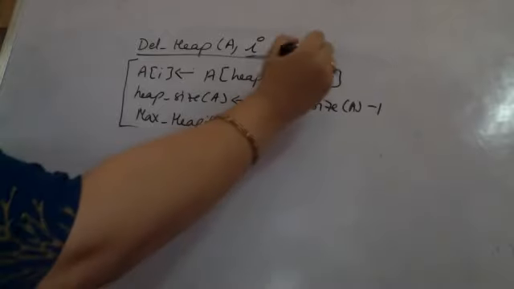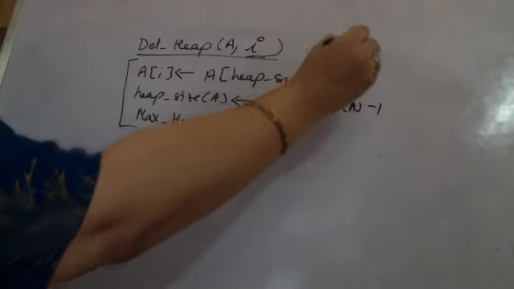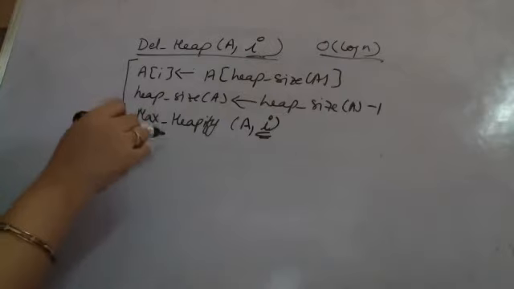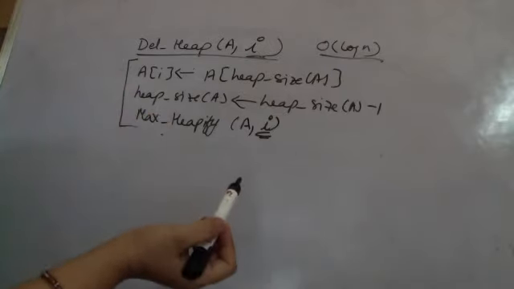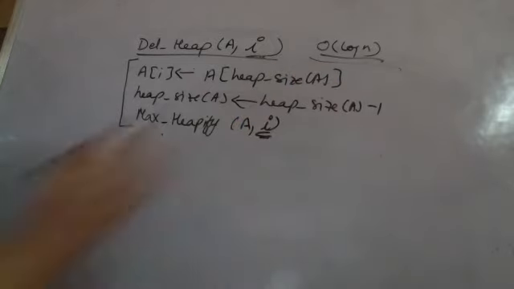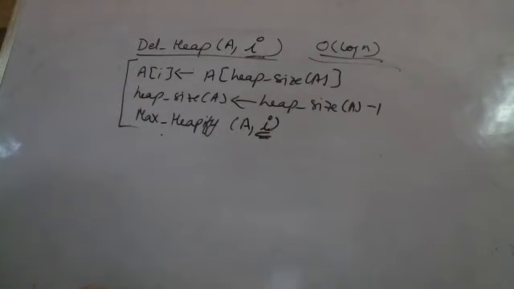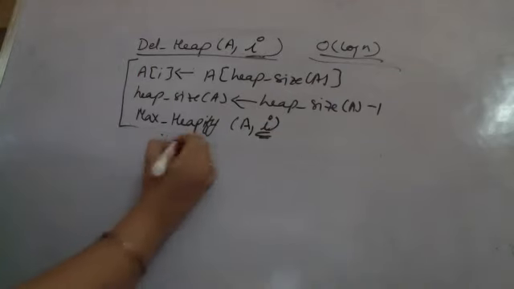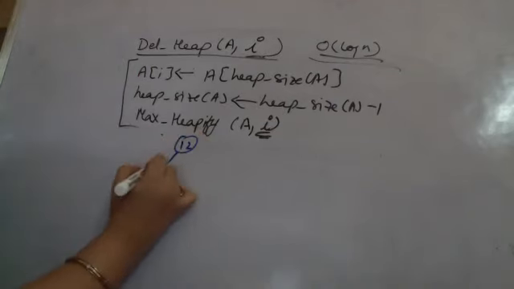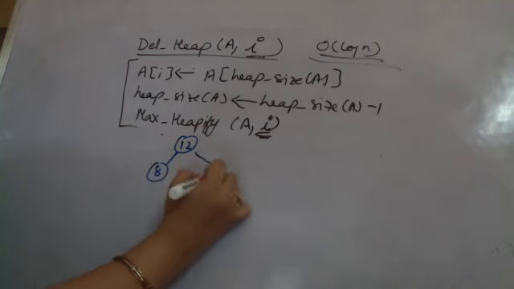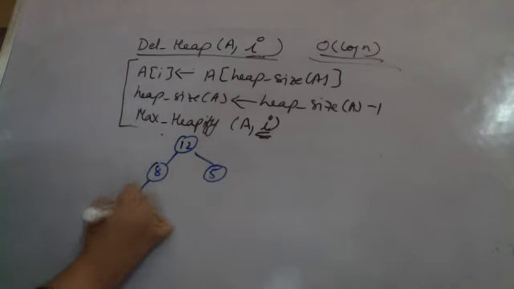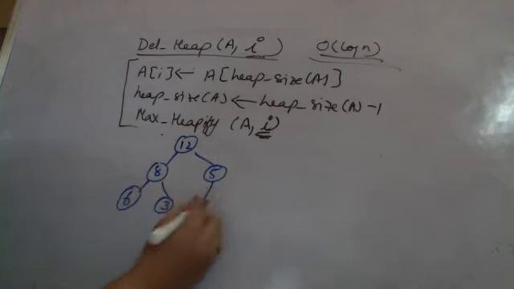Again, the complexity will come out to be of the order log n, because max heapify calls itself, but the maximum number of times it can call itself is again the height of the tree. So this comes out to be again of the order log n. Supposedly I take an example. I have a heap, and I want to delete some element within this heap.